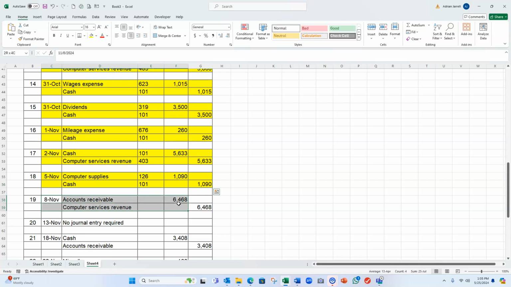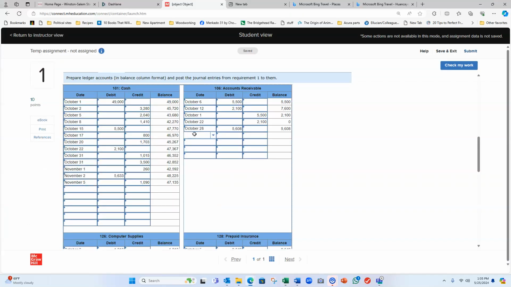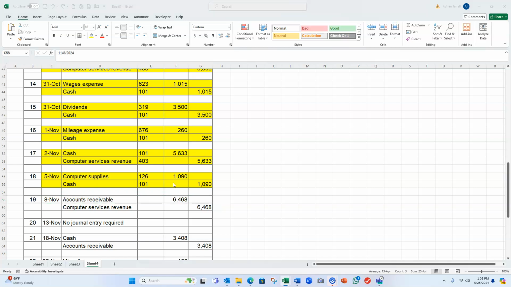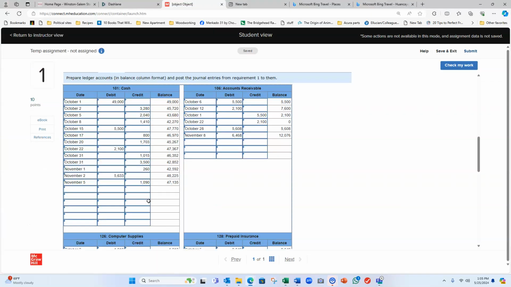All right. On the 8th, we're going to debit accounts receivable for $6,468. The 8th. I'm going to double check that amount. 6,468, right. And this is account number 106, I think.